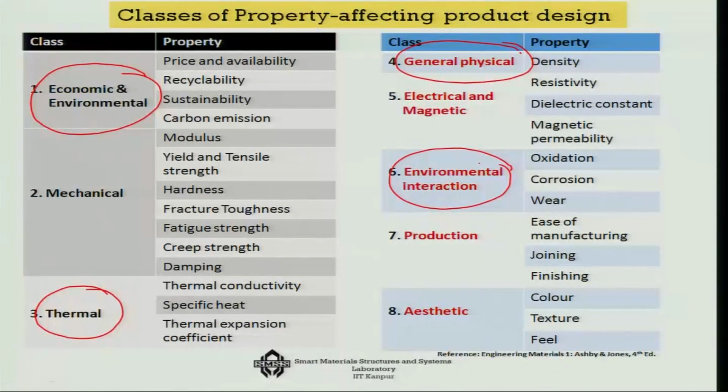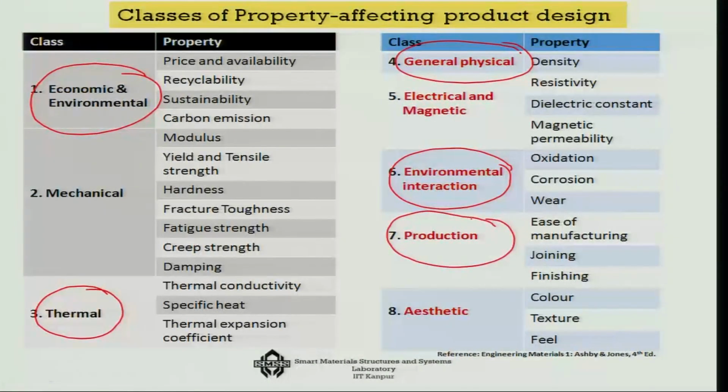Similarly, there are certain other subclasses of production like joining, like finishing. So, all these things together are to be taken care of in the production phase, and hence it affects us when we are choosing a particular material.